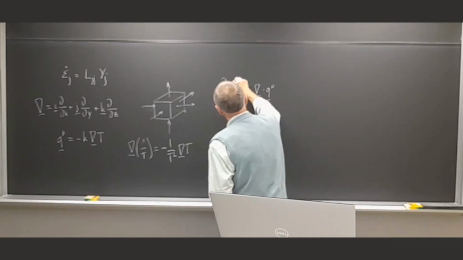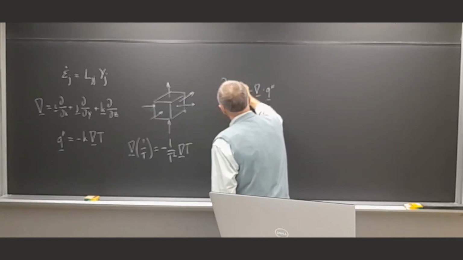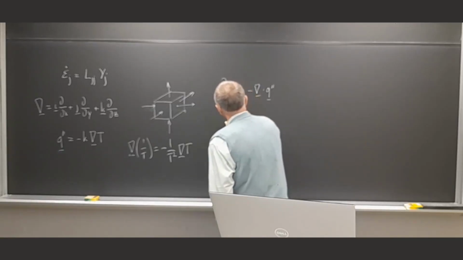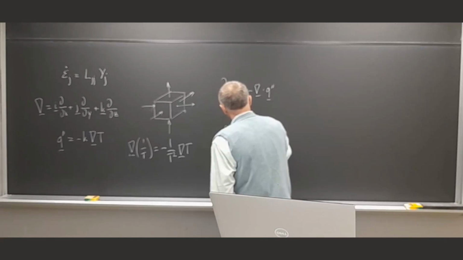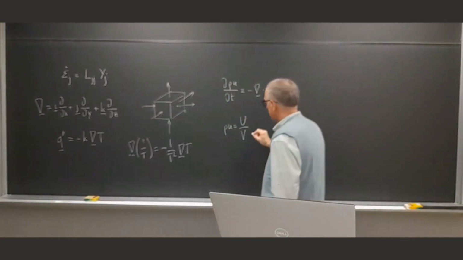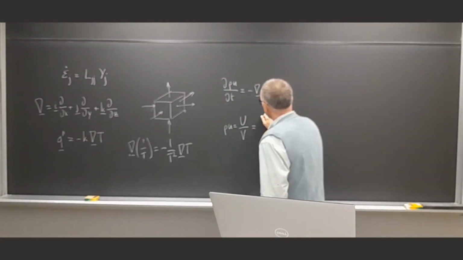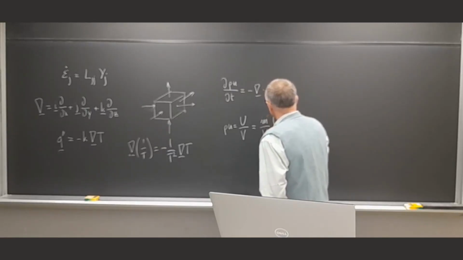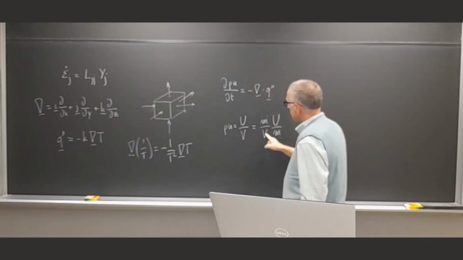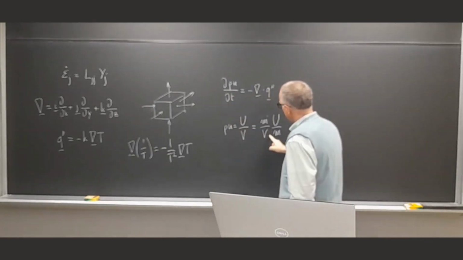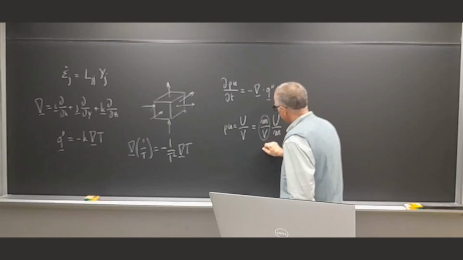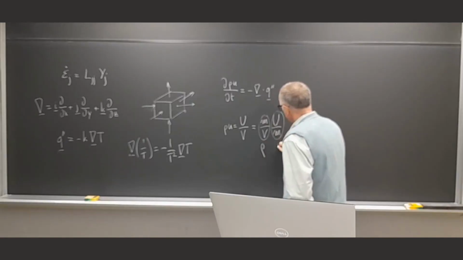And if you have, for example, a gas, okay, this rho U, let's say that rho U is the energy per unit volume, okay? So you could write it as m over v times u over m. And so by seeing that, you see this is rho, and this is u.